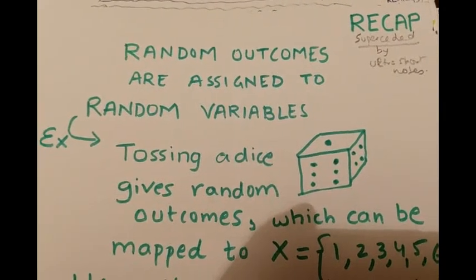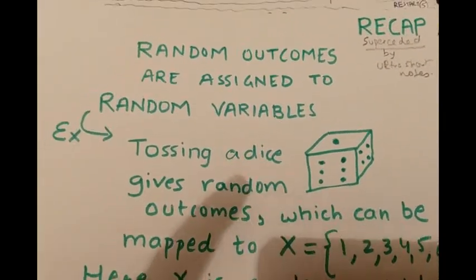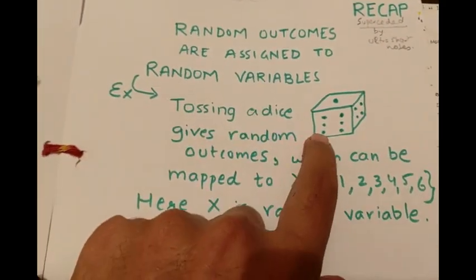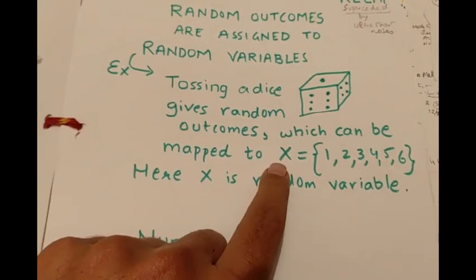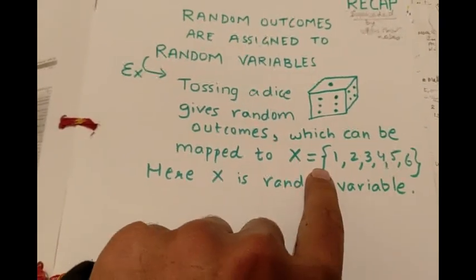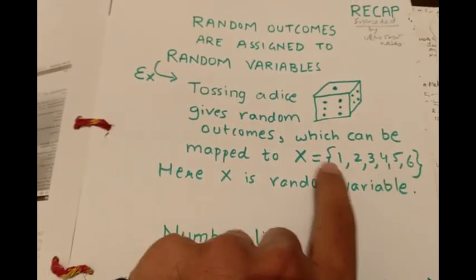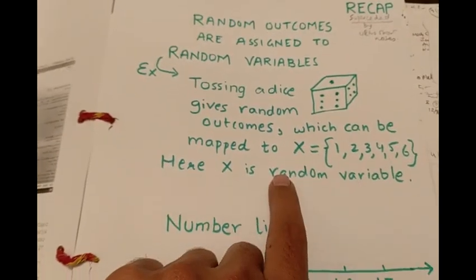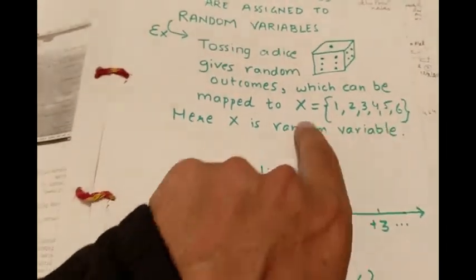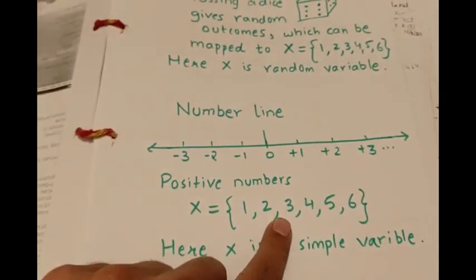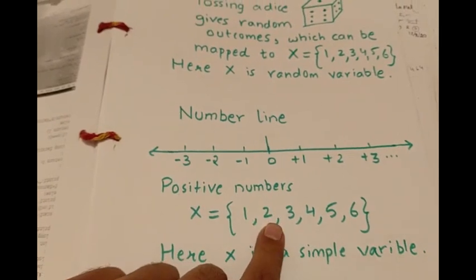Point to review is that the random outcomes of an experiment are called random variables. So if we throw a dice, then it can be mapped to these numbers. The outcome can be like these, and then this variable becomes a random variable. But again, when this set of numbers is assigned to a variable picked up from a number line, then these are positive numbers.